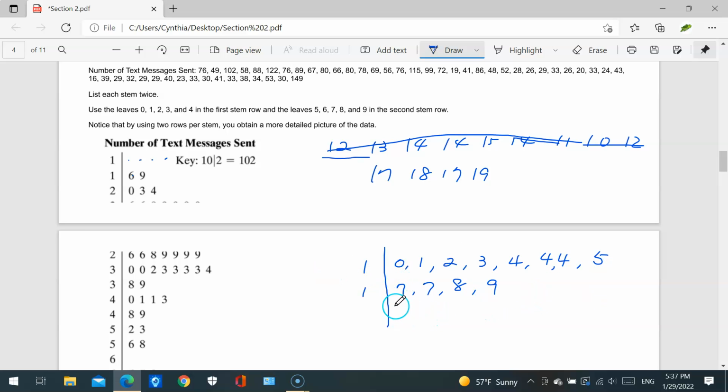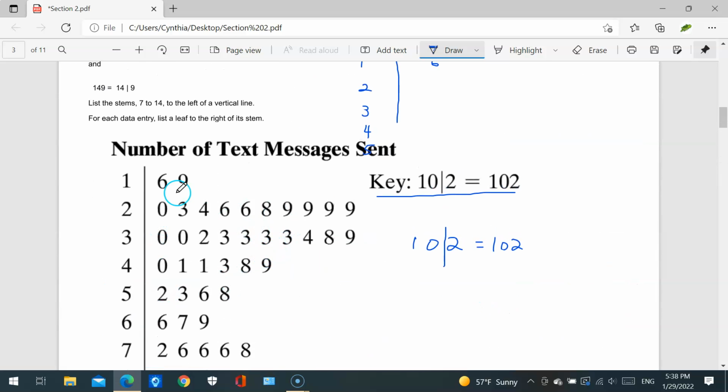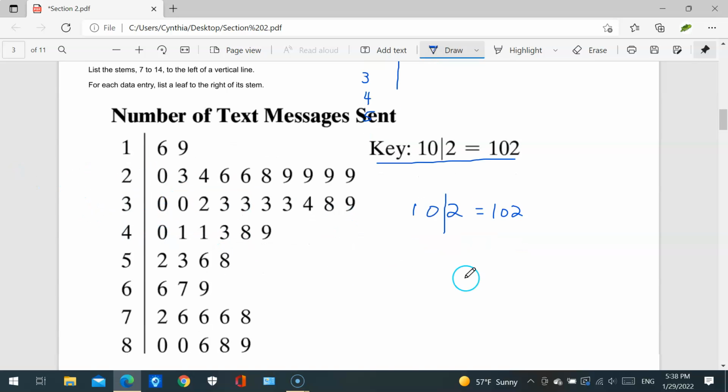This is an easier way to put your data, and it shows a better presentation when people visualize your data. But normally we go with this one: we only take one stem on each level.